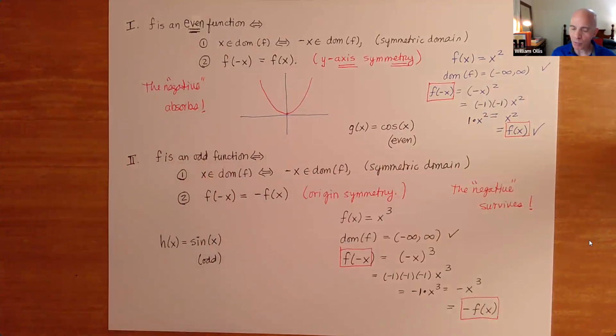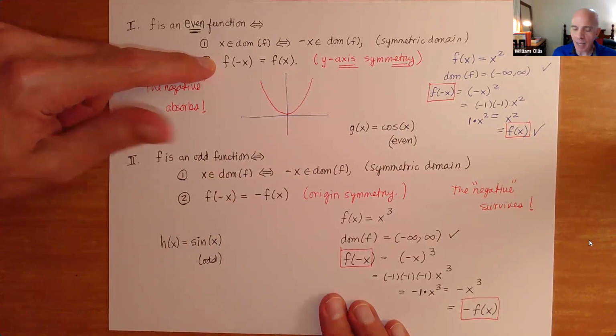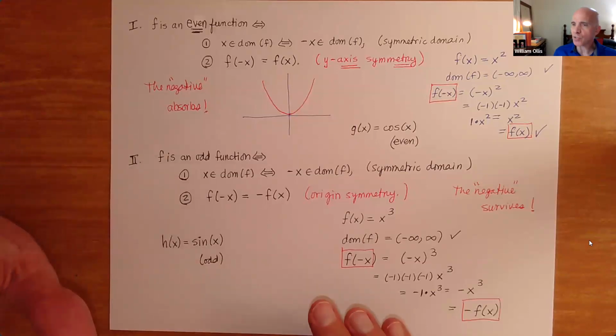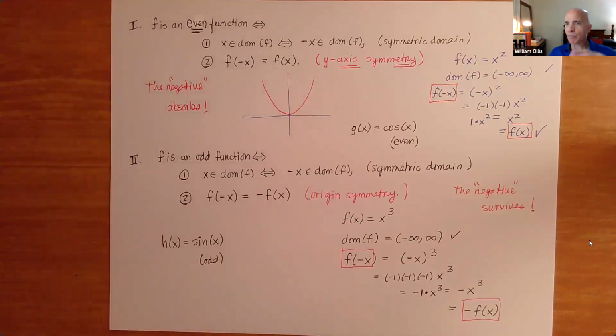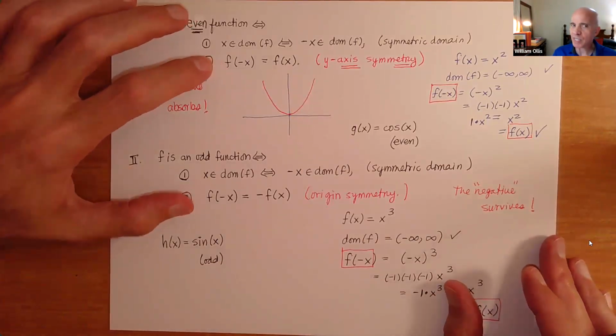So remember, when it comes to even and odd, very restrictive. This is a lot for a function to have to do, okay? And so we don't expect tons and tons of functions that happen by to have these restrictive properties, but when they do, they certainly make a great simplification.